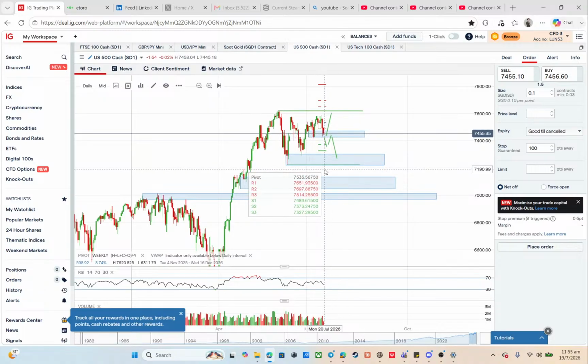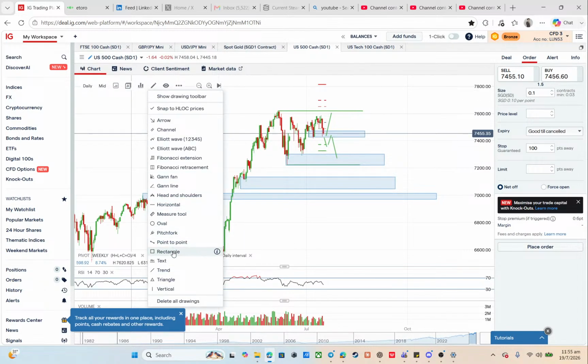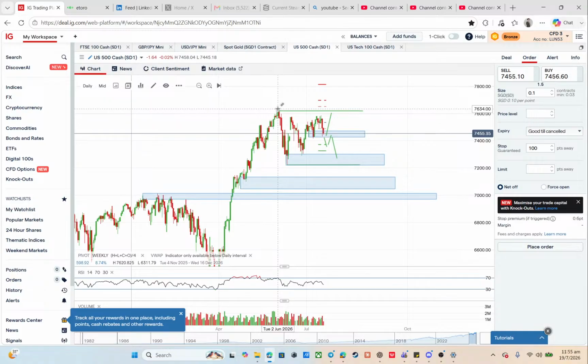Close to a 500 points drop, which is close to another 10% drop. No, a 7% drop. So overall, if you look at it this way, a drop to the 7,000 area means SPX is probably down by around 7.5 to 8%.